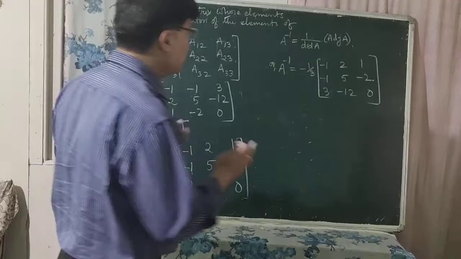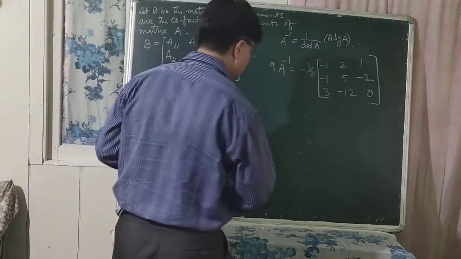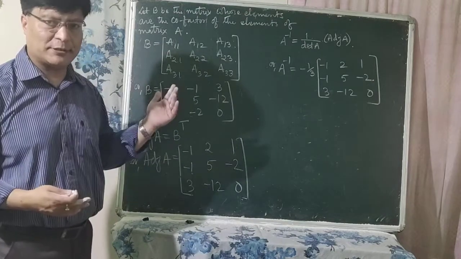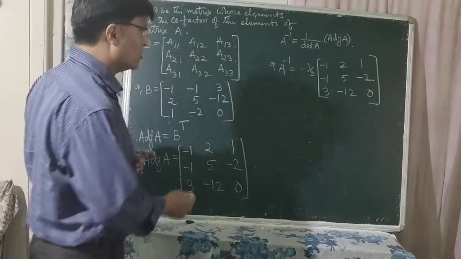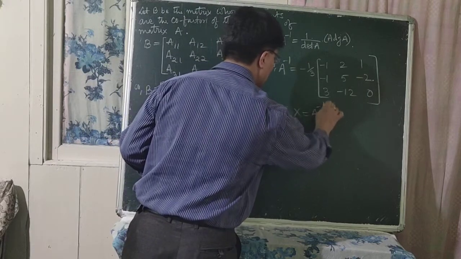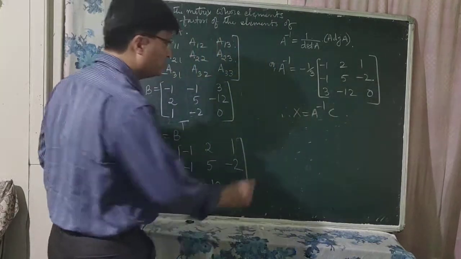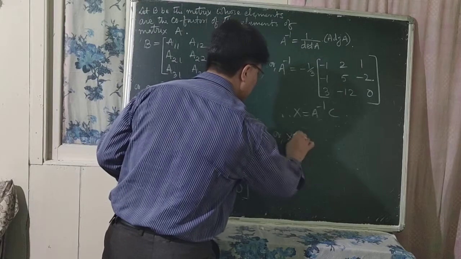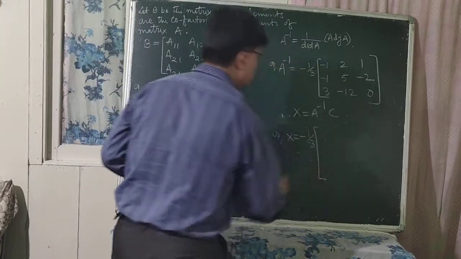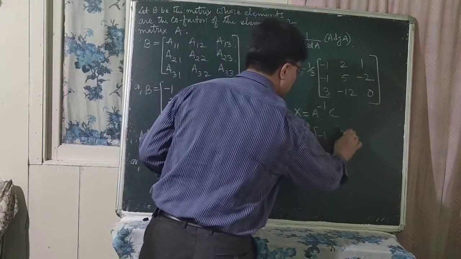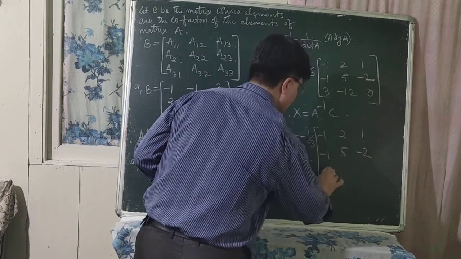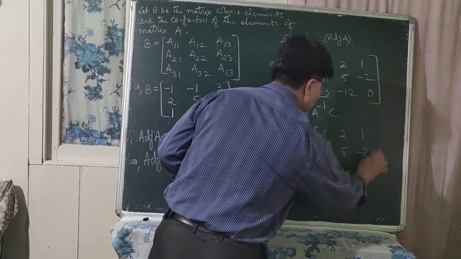So there was a matrix equation in the beginning steps. What was that matrix equation? That is capital X is equal to A inverse C. So capital X is equal to, what is the inverse? -1/3. Then the matrix here is -1 2 1, -1 5 -2, 3 -12 0.